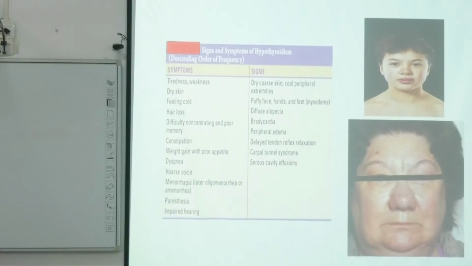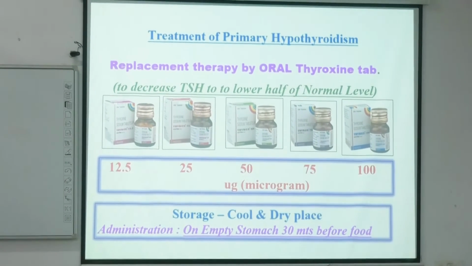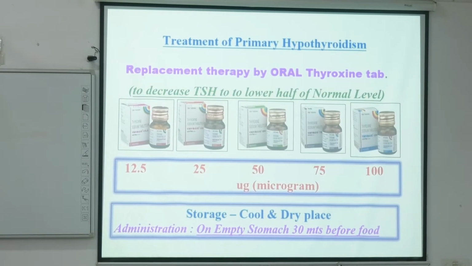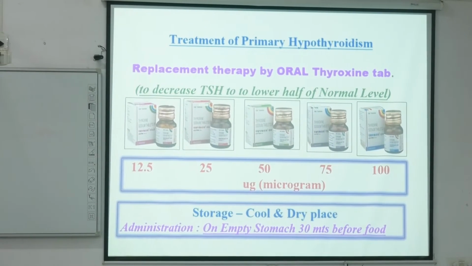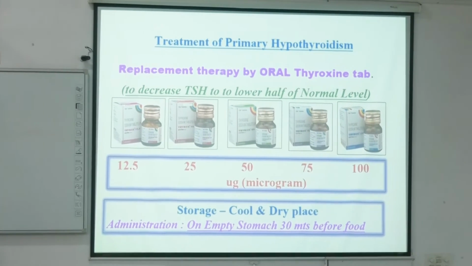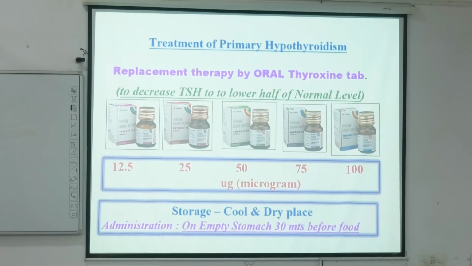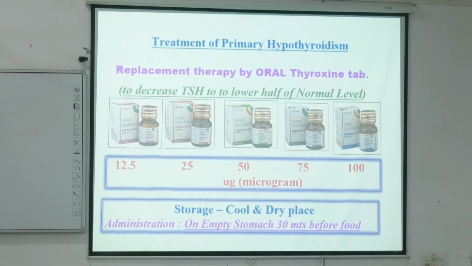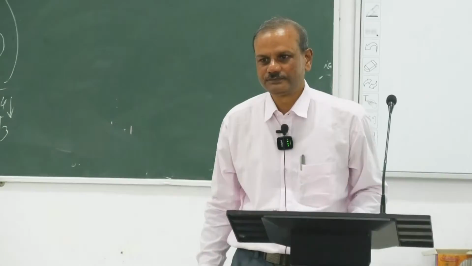Remember, the only good thing is that 100% cure is available in this case. Here the defect is thyroxine deficiency. So if you replace thyroxine orally, there will be no deficiency, and the patient has to take thyroxine lifelong.